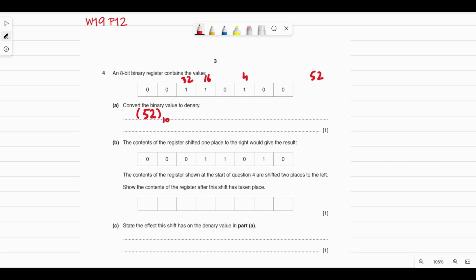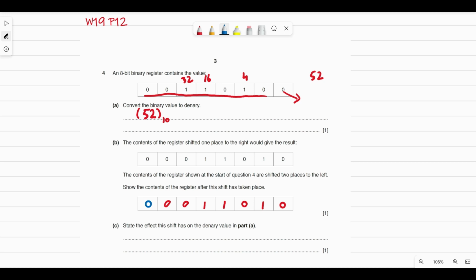The contents of the register are shifted one place to the right. Remember, we start shifting from the right-hand side, so this bit will be wasted away, and we start filling from here. We came up with a hole on the left-hand side by doing the right shift.